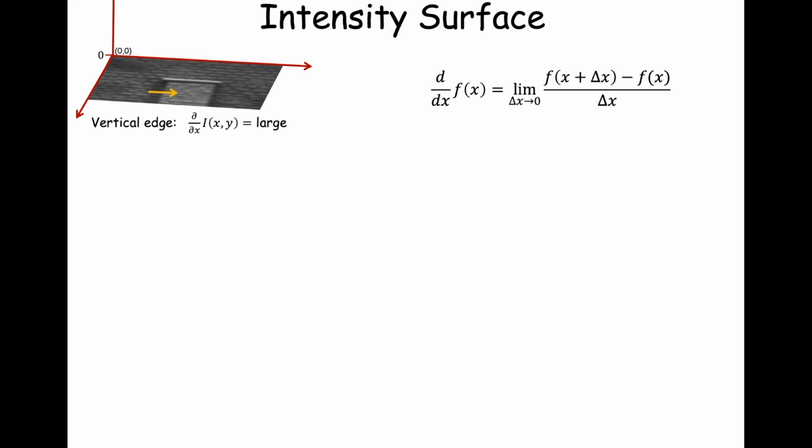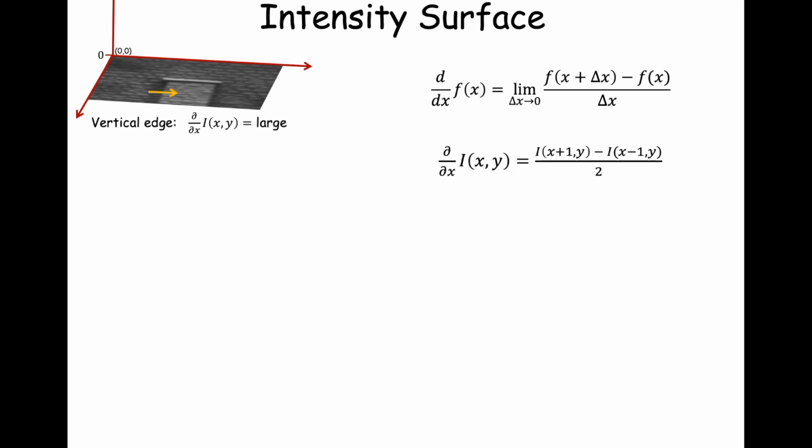That's the change in the rise over the change in the run. So we're going one pixel at a time and looking at the difference in the intensity surface as you go from one location to the next, some delta x.